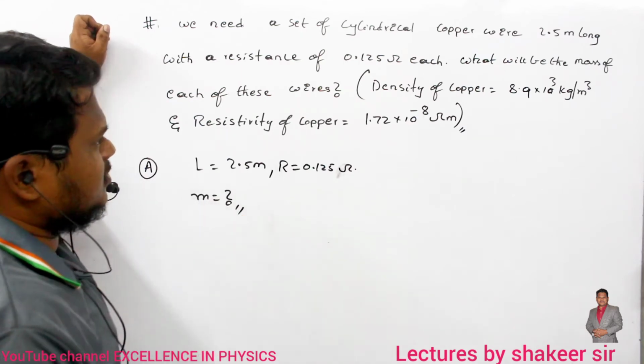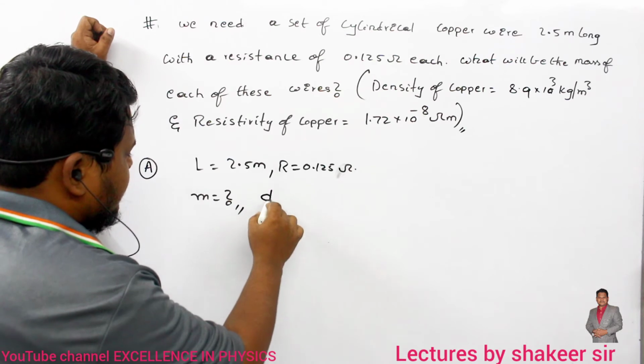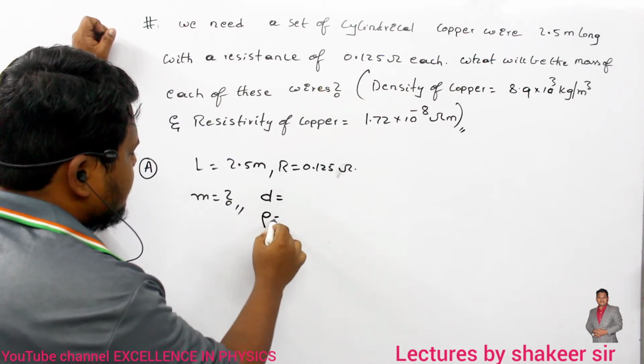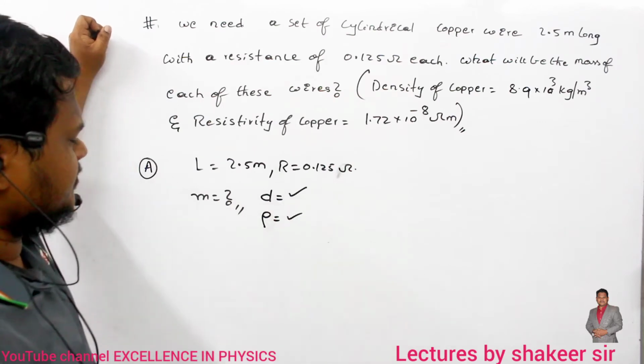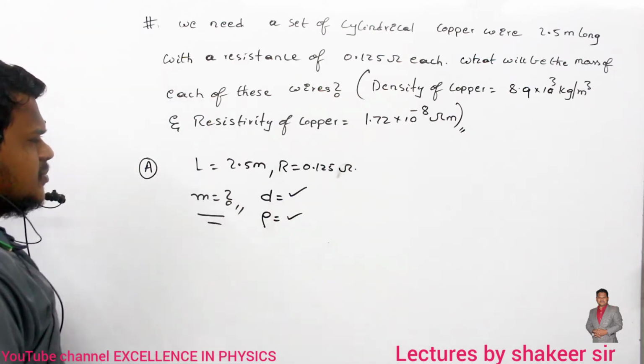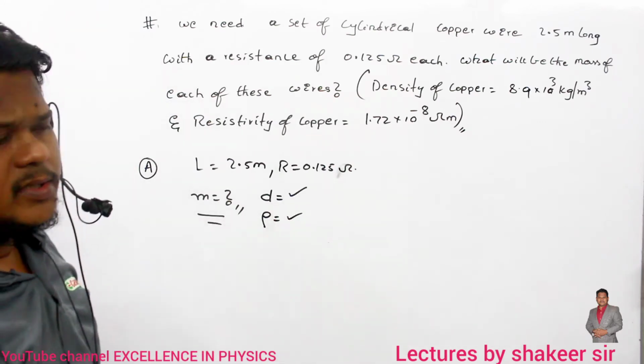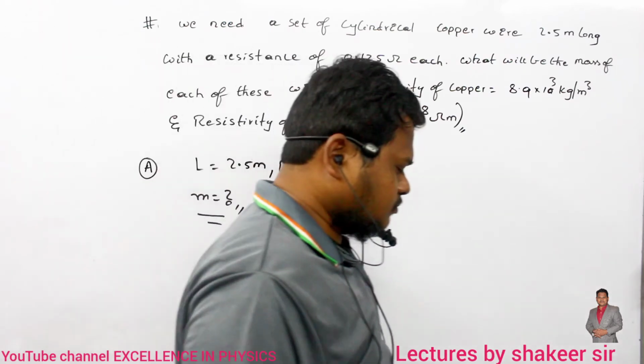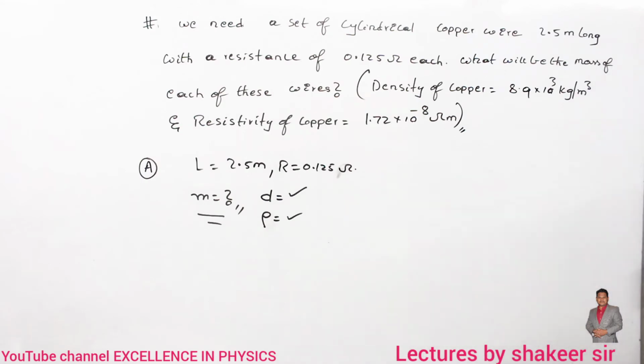Density is given, and similarly resistivity is also given. We are supposed to find the mass of each copper wire if it should have this length and this resistance. How can I calculate it?